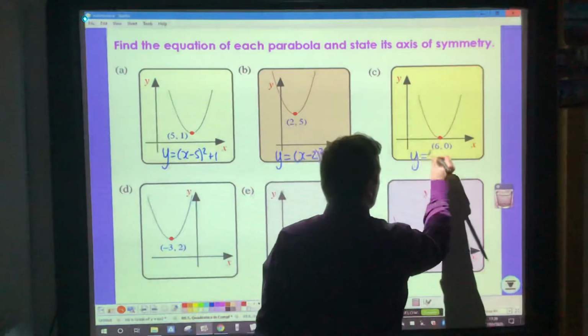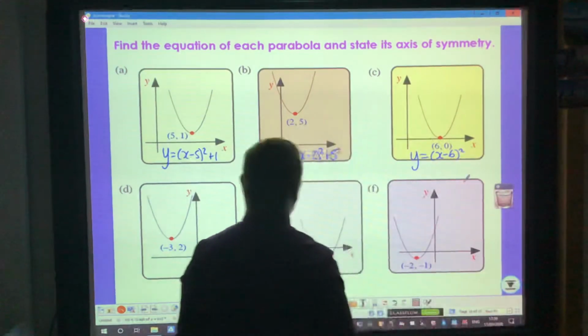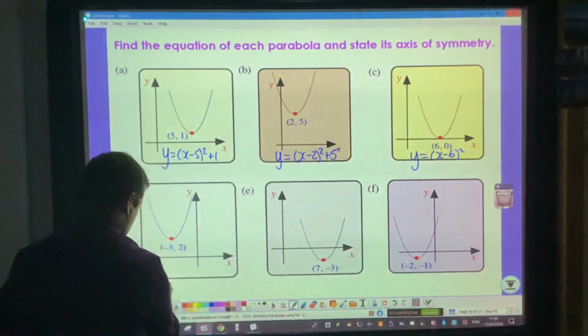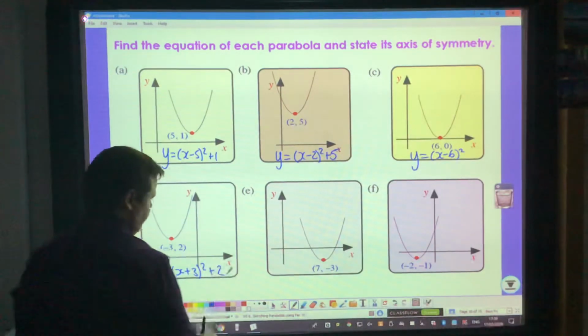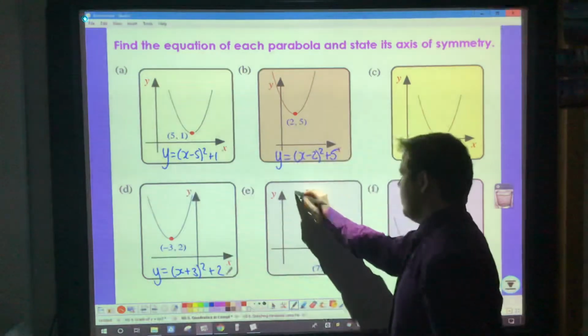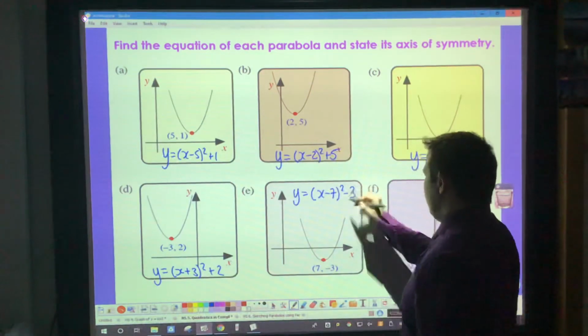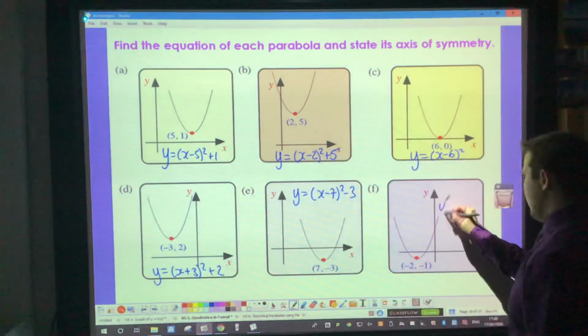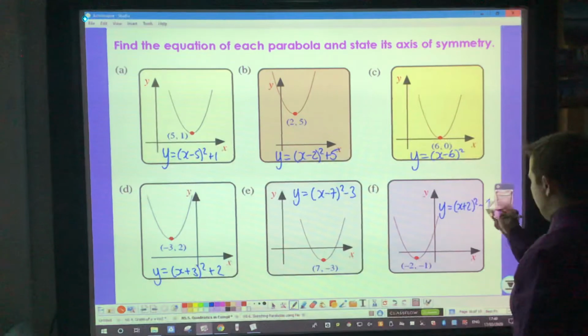This one is x minus 6 squared. We don't need to put plus 0 there. This one here, x plus 3 squared plus 2. This one is x minus 7 squared minus 3. And lastly, we have got y equals x plus 2 squared minus 1.